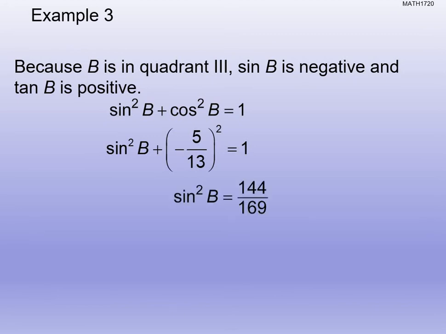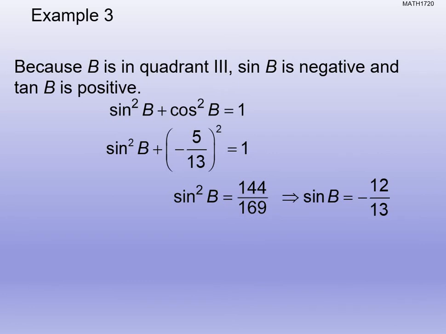And then we have to do 1 minus 25/169, and we get 144/169. Then that's equal to sine squared. I'm going to take the square root of both sides. When I do that, I get plus or minus 12/13, and we are looking at B. B is a third quadrant angle. The sine value has to be negative there. So sine of B is negative 12/13.